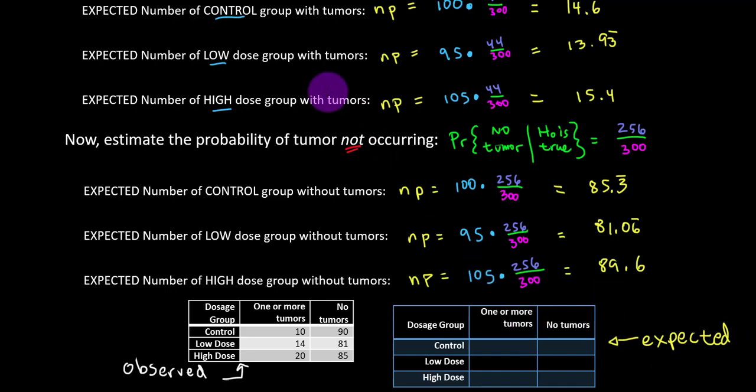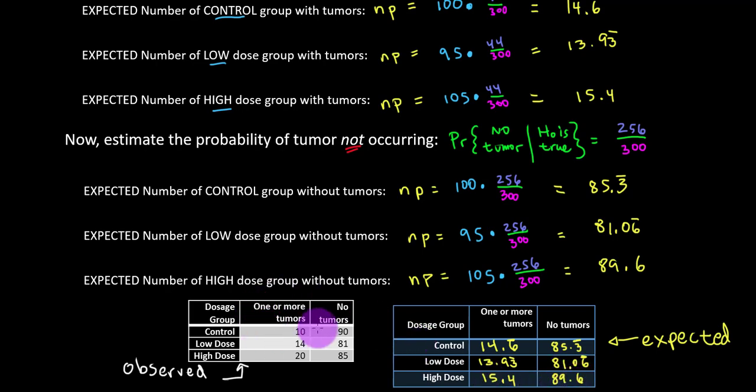For instance, this 14.6 is the expected number of rats to have obtained tumors in the control group. So obtained tumors, control group, 14.66666. And 13.93 will be right below it, etc. This is just going to be handy for when we compute the test statistic. So we can make a direct comparison between the observed and expected quantities.